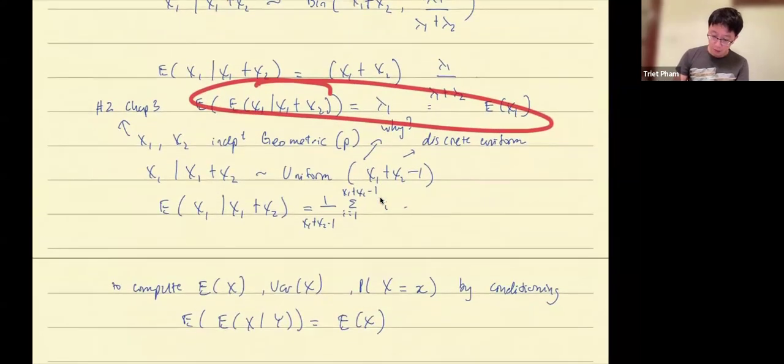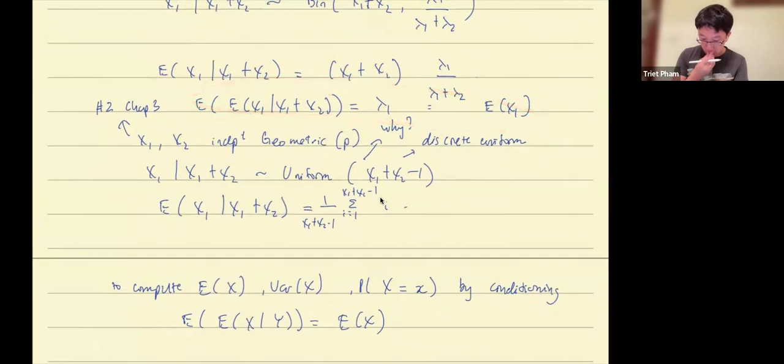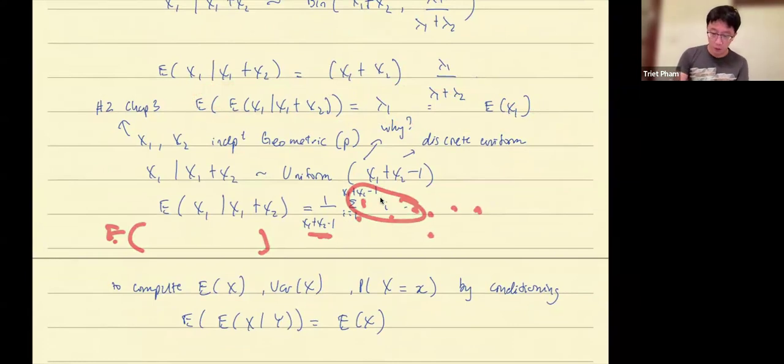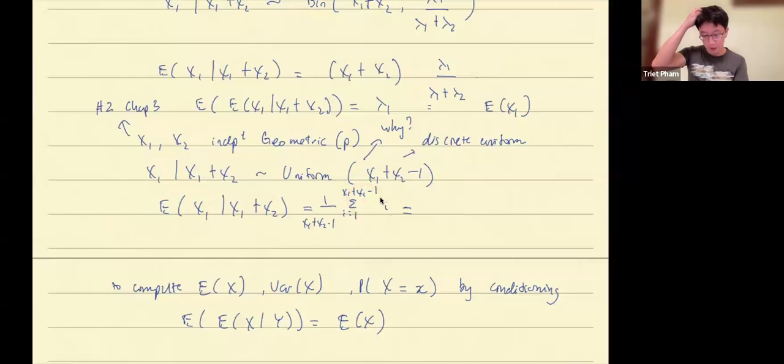Finally, with the geometric, this one is tricky. It's tricky because if I take expectation here, I have to work out this sum. The sum from 1 to n is n times n plus 1 over 2. I can work it out, so I have to simplify this.